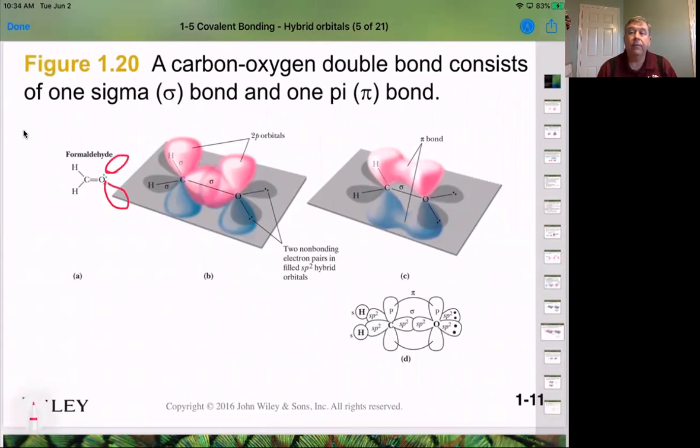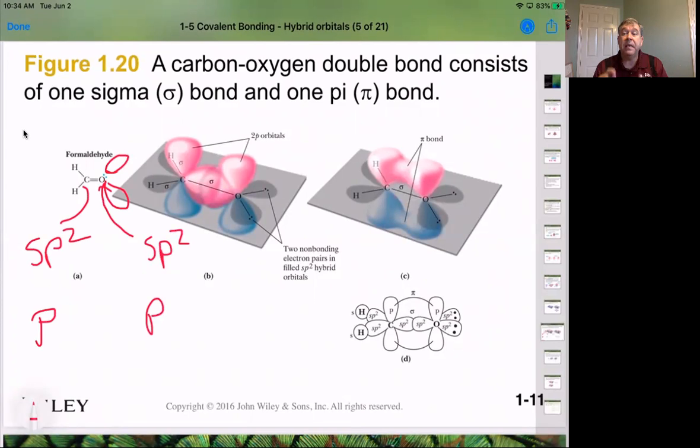And the fact that we have 3 areas of electron density tells us we have a trigonal planar configuration with those electrons, okay? So that means that the carbon here is sp2 hybridized and has a p orbital available. And because this is trigonal planar, this is sp2 hybridized, and it also has a p orbital available to bond, okay?